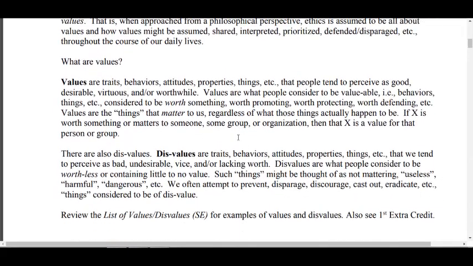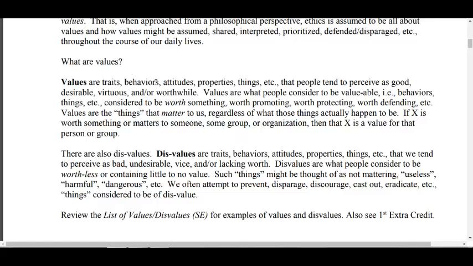But to say a little more about that, what are values? Well, values is a big topic, and there's tons of books written on it by philosophical and non-philosophical people, but the essence of values is that something can be valuable. Most anything could be, depending on the person or the context.